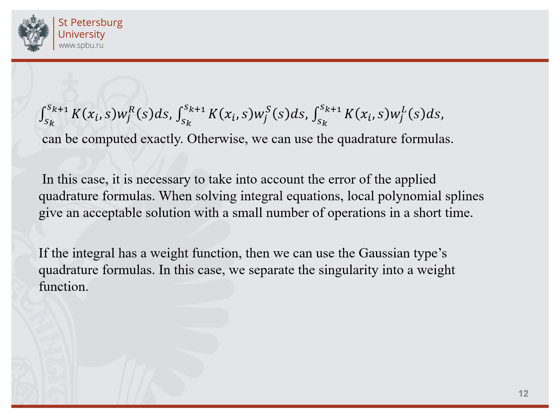When solving integral equations, local polynomial splines give an acceptable solution with a small number of operations in a short time. If the integral has a weight function, then we can use the Gaussian type quadrature formulas. In this case, we separate the singularity into a weight function.